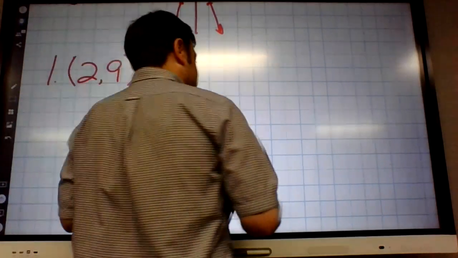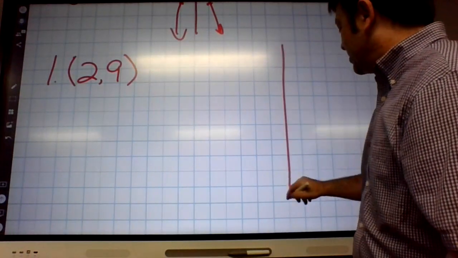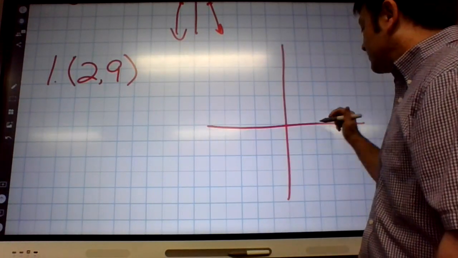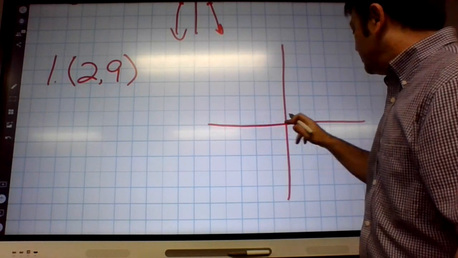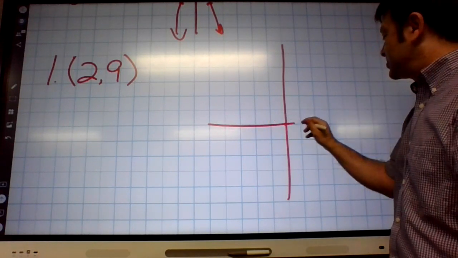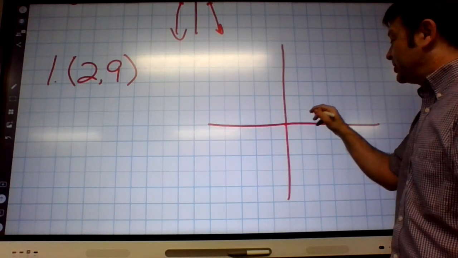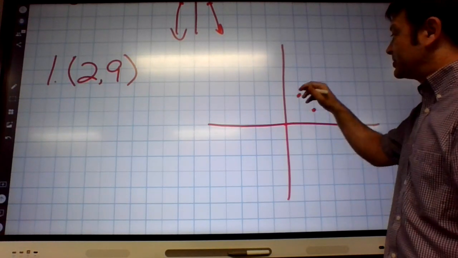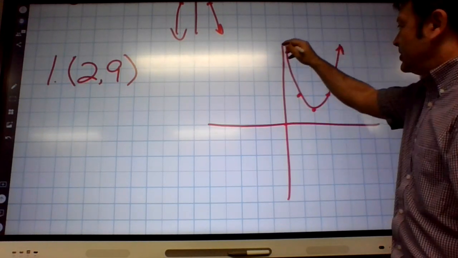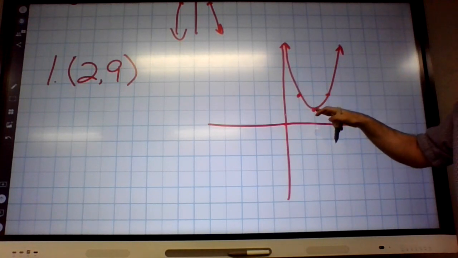Okay, I briefly mentioned this. We didn't talk about it much yesterday. Let's say the vertex was at 2, 1 and the graph was going up or something like this. Remember how I talked about it? All parabolas are symmetrical.